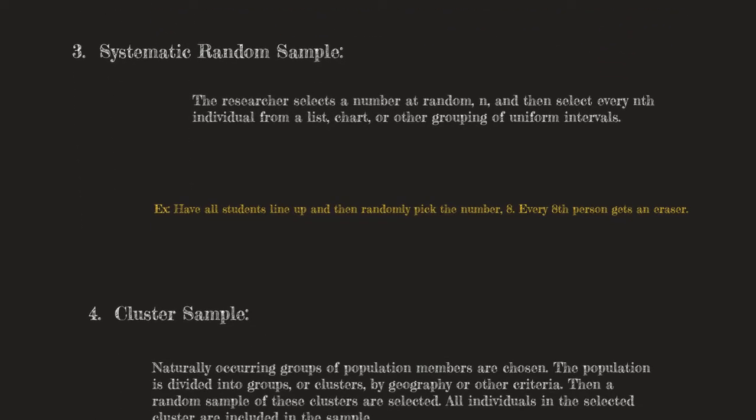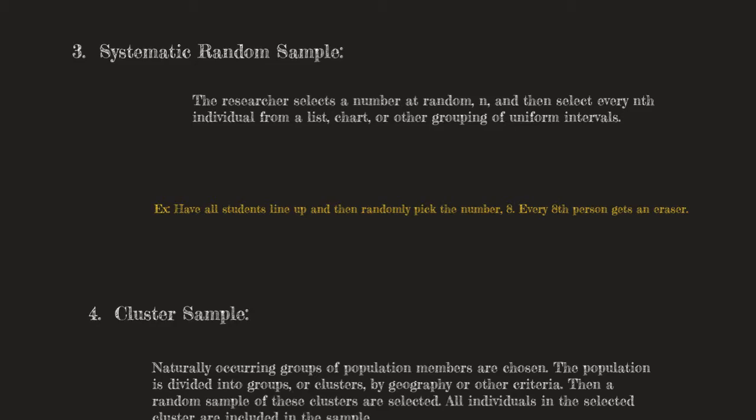The third type of sampling is called systematic random sampling. The researcher selects a number at random, let's say the number n, and then selects every nth individual from a list, chart, or other grouping at uniform intervals.